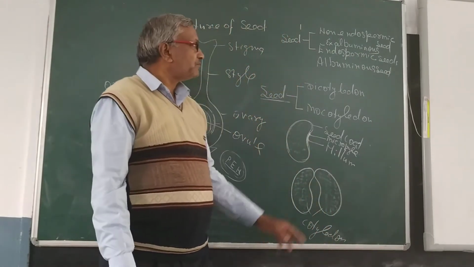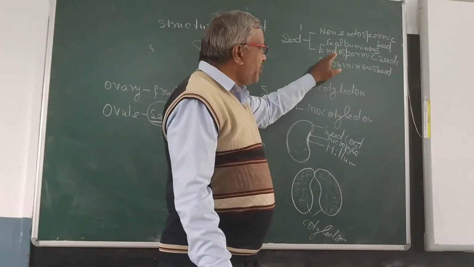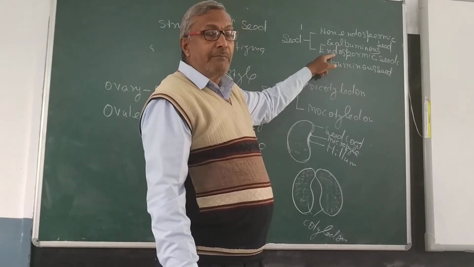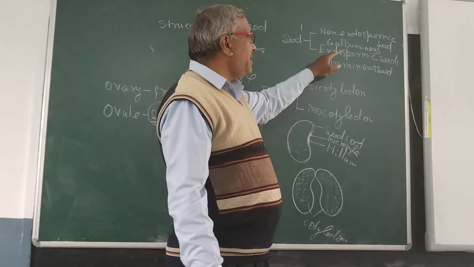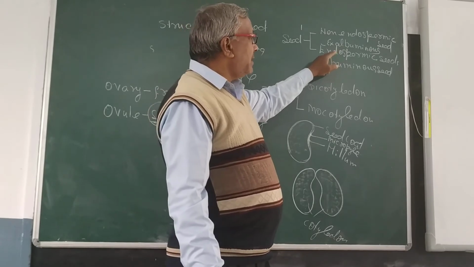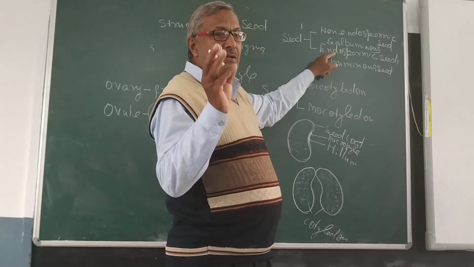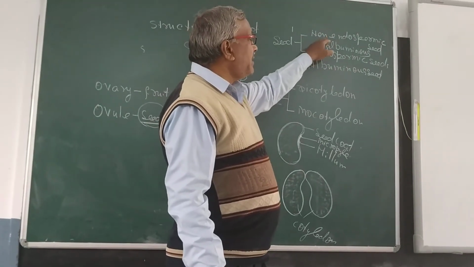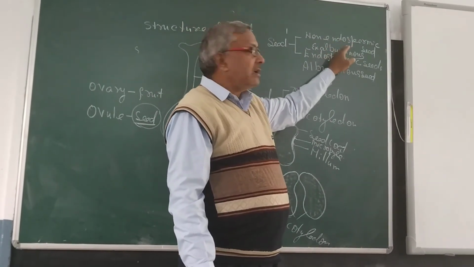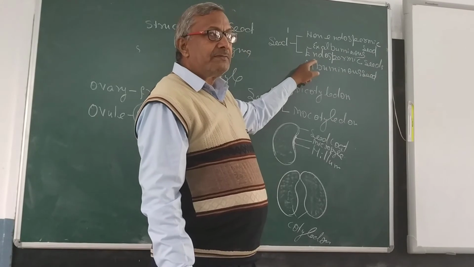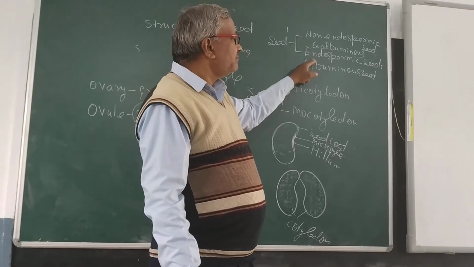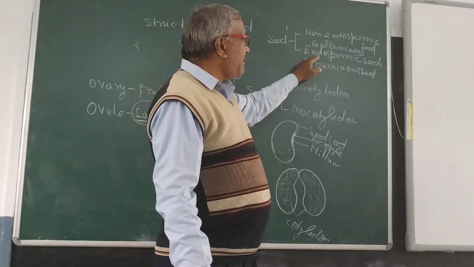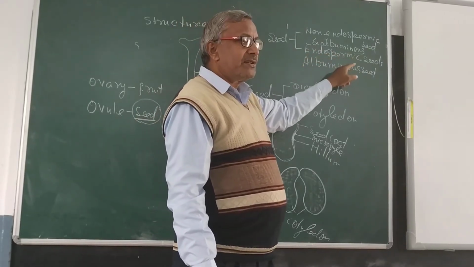Now, non-endospermic seeds are bean seed, pea seed, gram seed. Endospermic seeds are castor seed, maize grain, wheat, rice. They come in the endospermic seed.